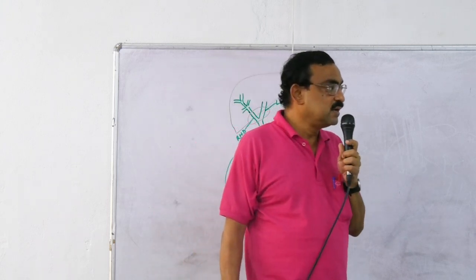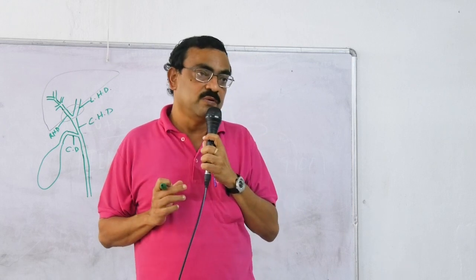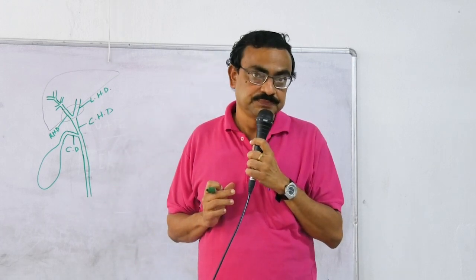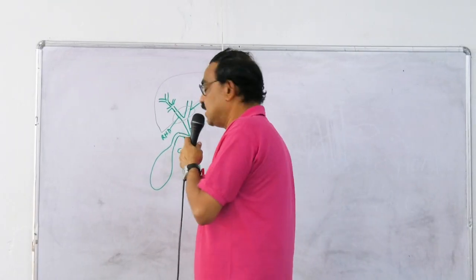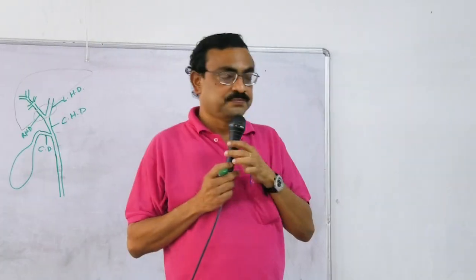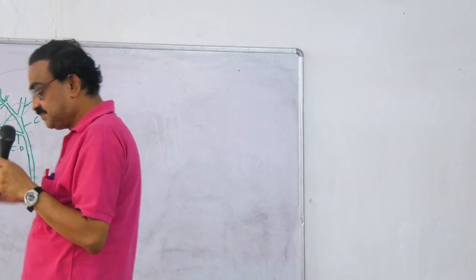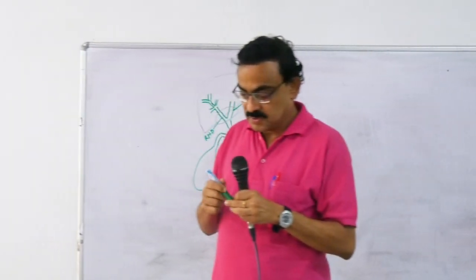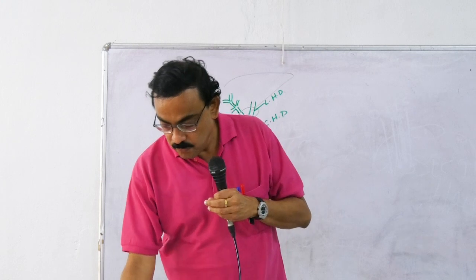The common hepatic duct joins with the cystic duct and forms the common bile duct. What is the length of the cystic duct? It is also 3 centimeters. Now, what will happen?